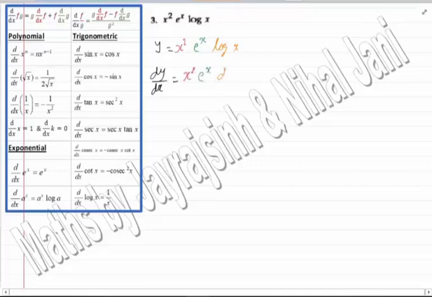We just have to differentiate the third term, plus the first and third term will be as it is. Let's differentiate the second term, plus the second and third term will be as it is, and we have to differentiate the first term. Okay, simple.